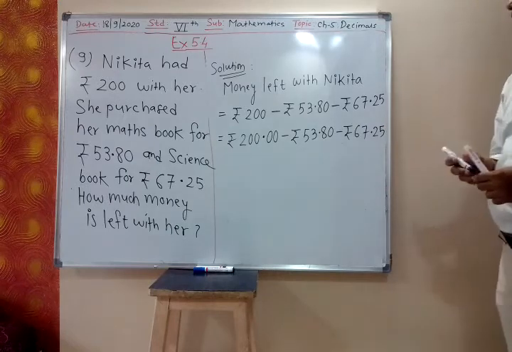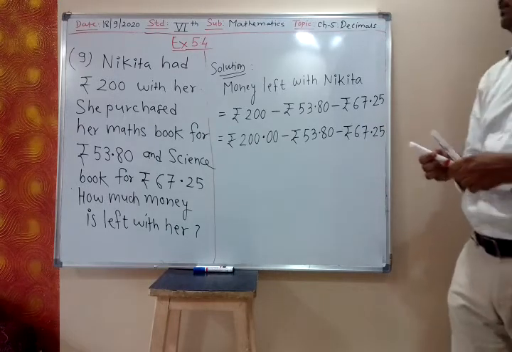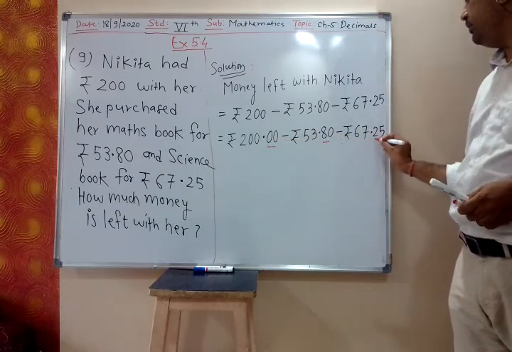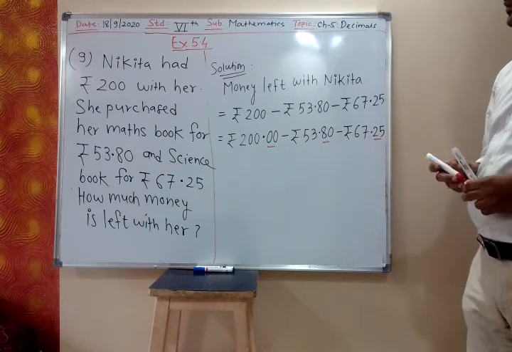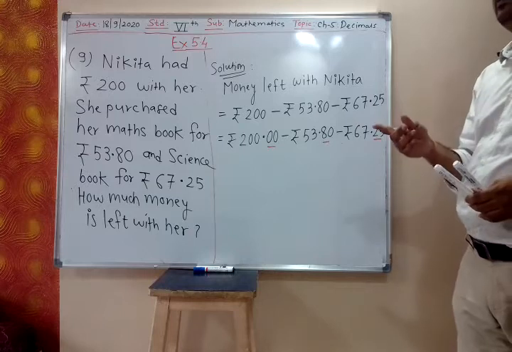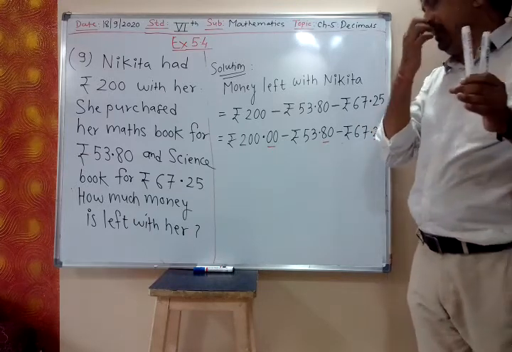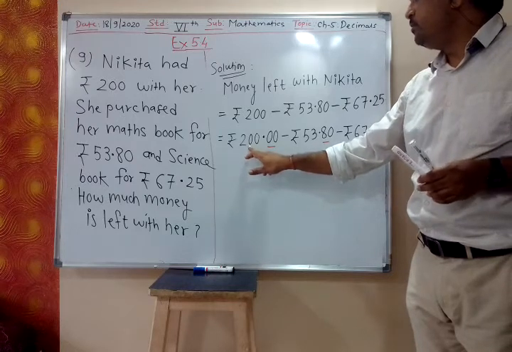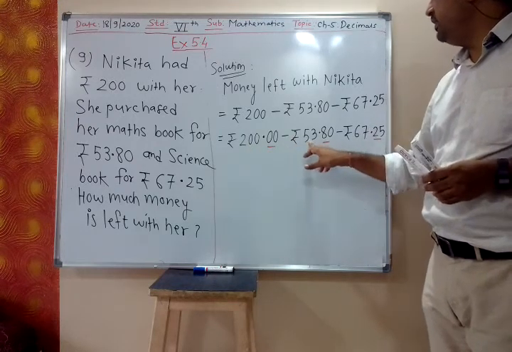Now we check whether they are like decimals or not. After the point, 2 digits, 2 digits, 2 digits. Now let us simplify. First I will solve these two: 200 rupees minus 53.80.